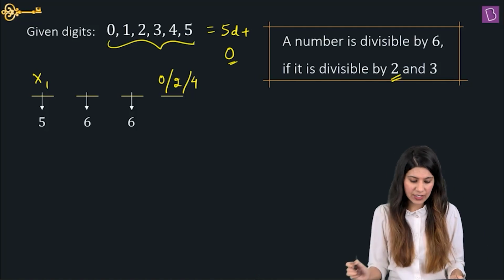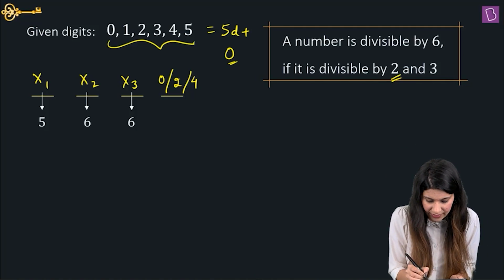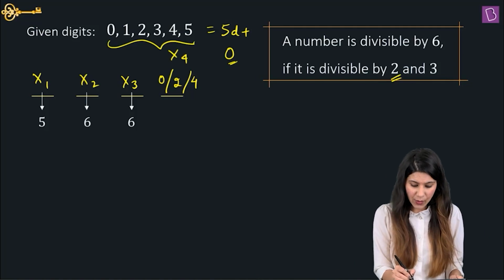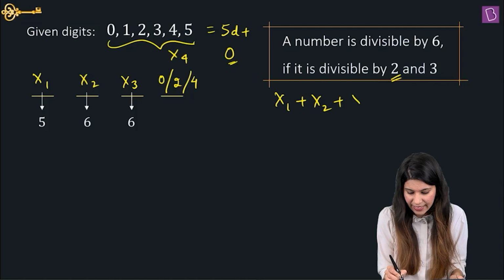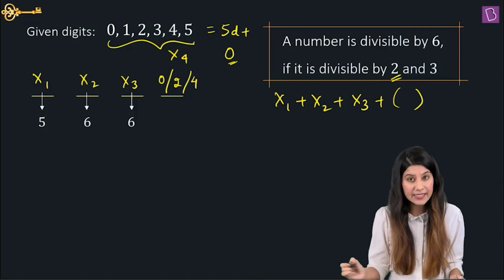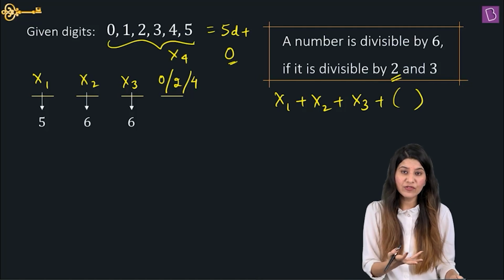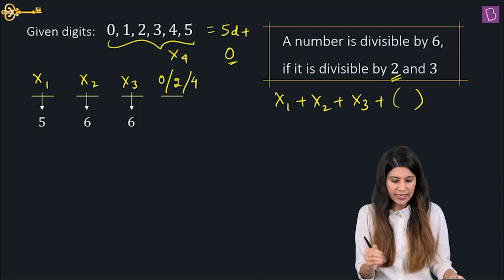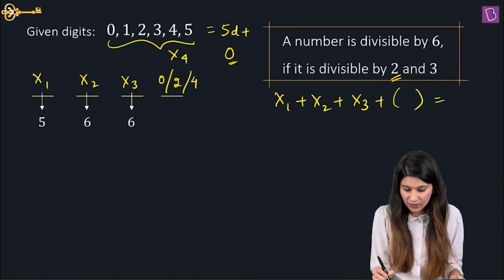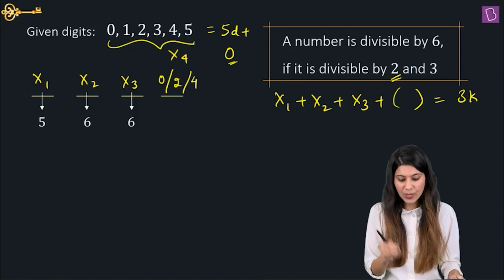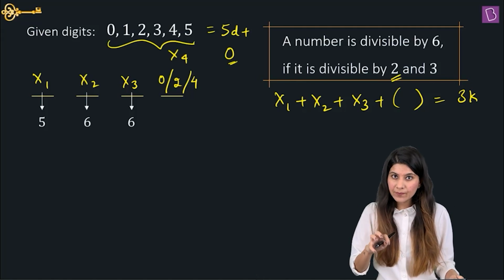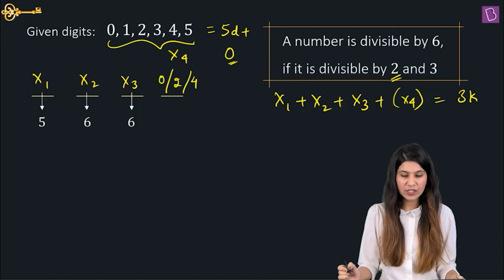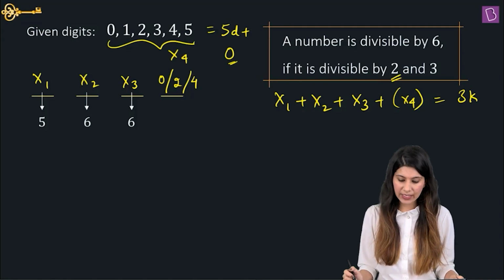Let's say the first digit is x1, then x2, then x3, and the last digit is x4. So x1 plus x2 plus x3 plus the last digit, which we are about to figure out, should be divisible by 3, that means it equals 3k.